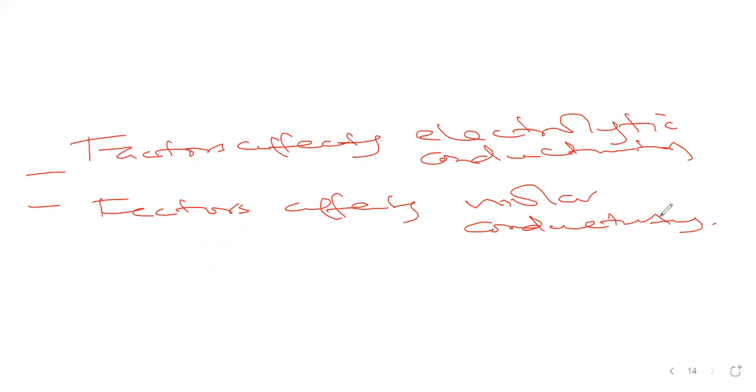We shall later see variation of conductivity and molar conductivity with concentration or dilution. And then you have to plot some graphs and see how interesting those graphs look. That will be our point of discussion in the next lesson.